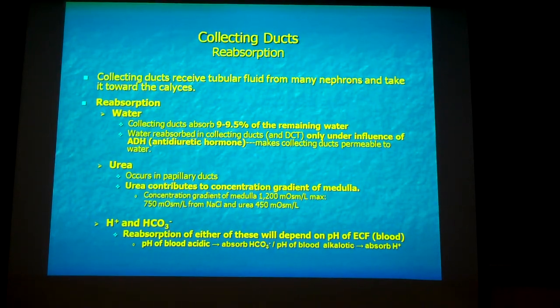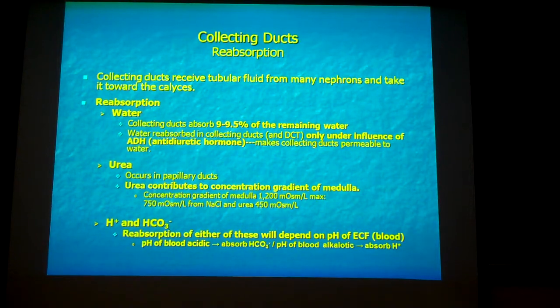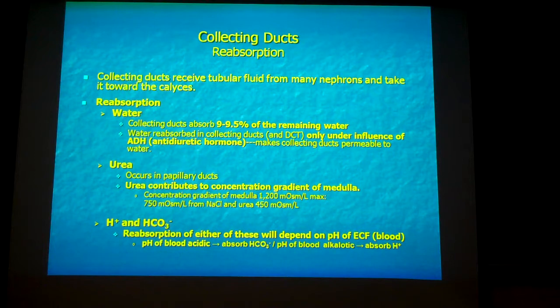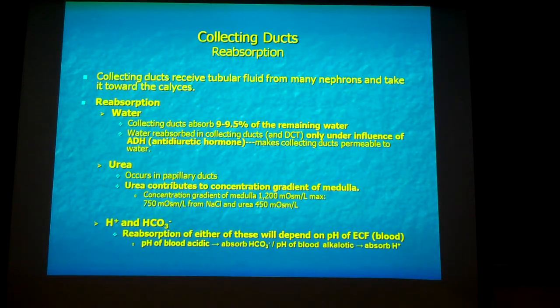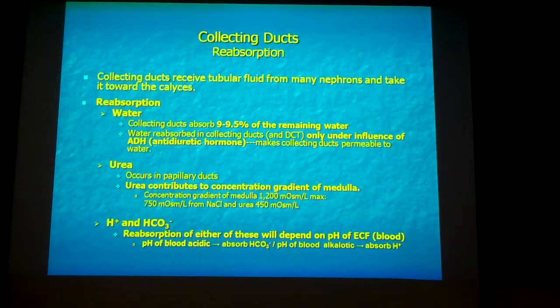So let's say that the solute concentration of the blood is drifting a little higher than normal. The hypothalamus stimulates the release of antidiuretic hormone from the posterior pituitary. It acts on the collecting duct to cause water reabsorption. As you reabsorb water, it brings the solute concentration back down. When that's okay, the hypothalamus cuts off ADH.